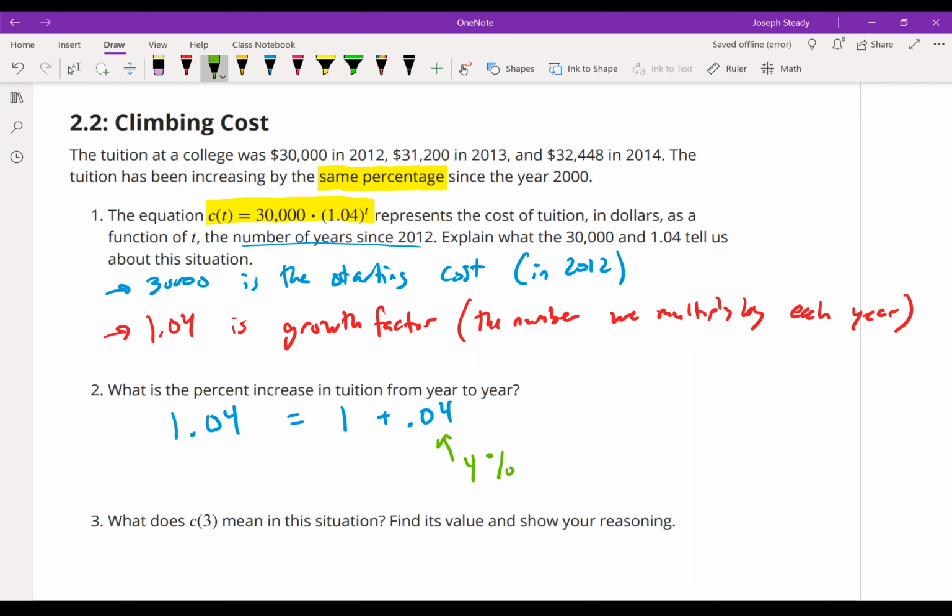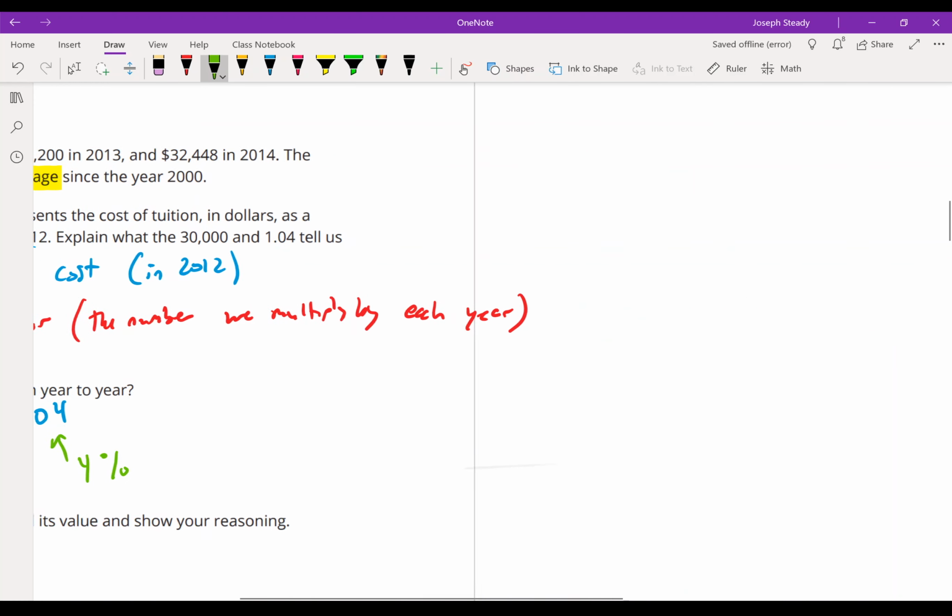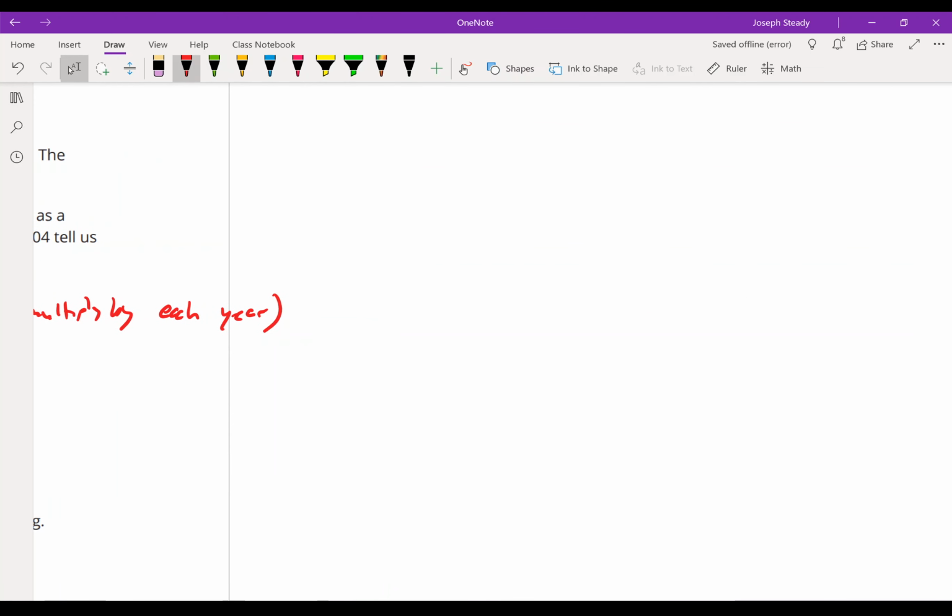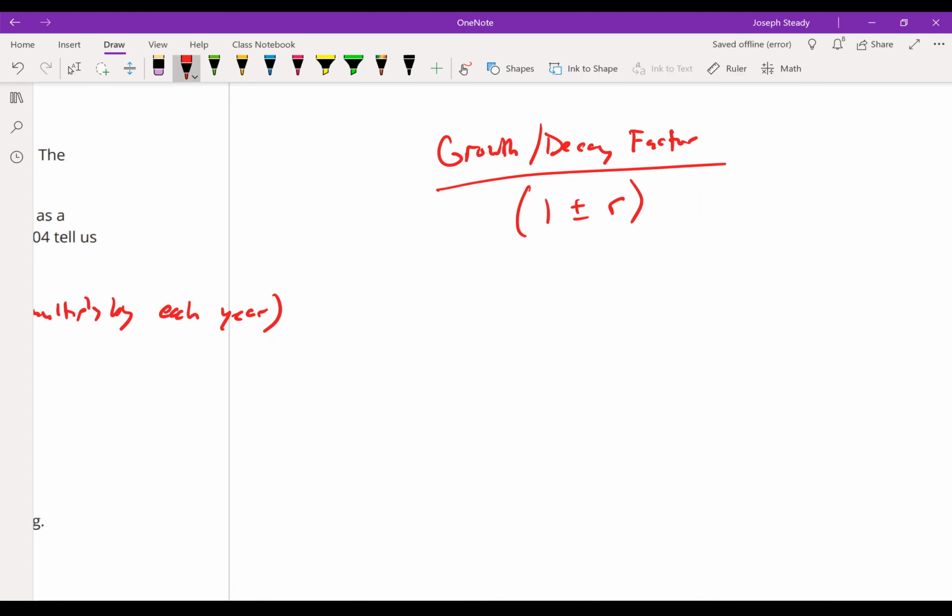This is a good time to do a little side note. If you want to find your growth or decay factor, the number that you multiply by over and over again, you just do 1 plus or minus the rate of change.